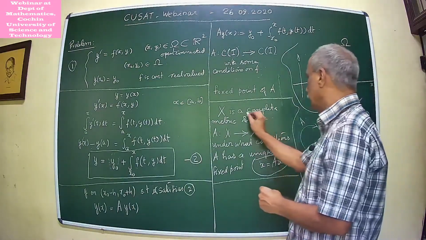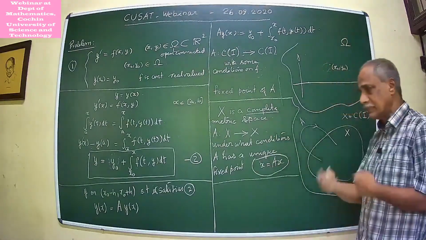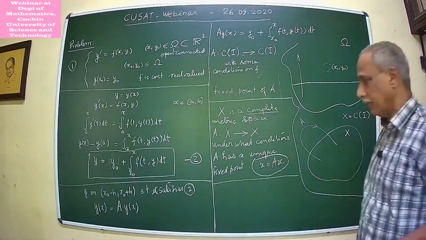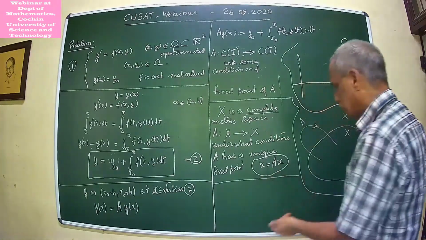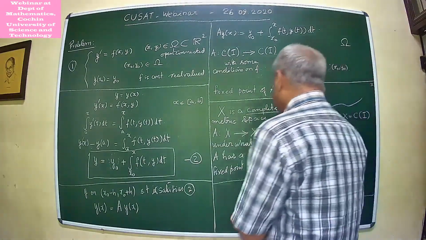See, we have assumed X is complete because that is required to talk about the existence of the limit of a Cauchy sequence, etc. In the process, I don't have time to go through the proof or anything. But what you have is this.